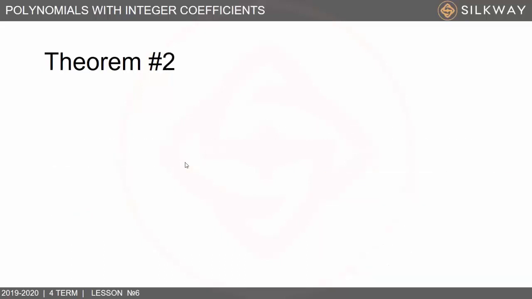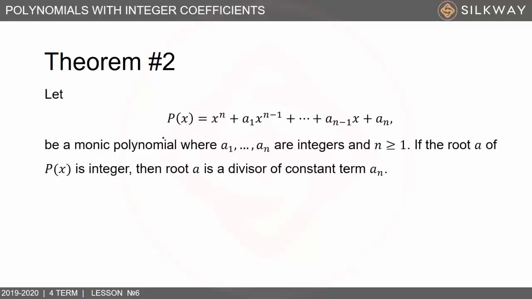Okay, second one. Let this polynomial be a monic polynomial, and a1, an are integers, and n is greater than or equal to 1. If the root a of this polynomial is an integer, then root a is a divisor of the constant term an.